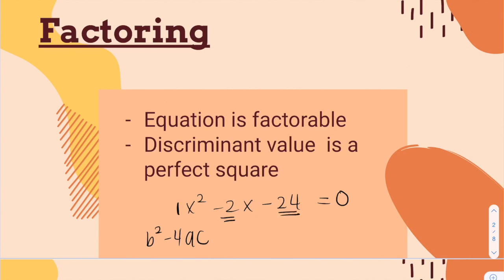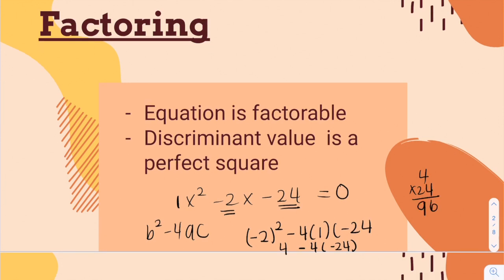So negative 2 squared minus 4 times 1 times negative 24. That will give us 4 minus 4 times negative 24. 4 times negative 24 is negative 96, and it's 4 plus 96, which is 100.